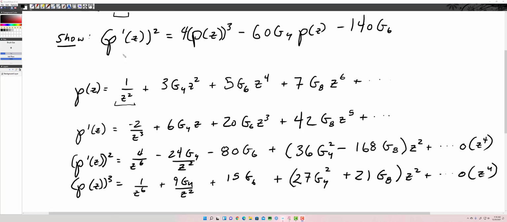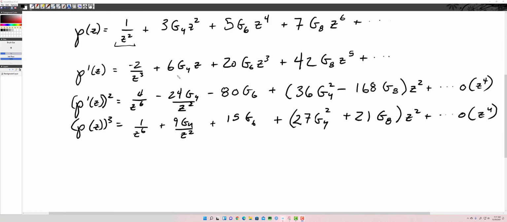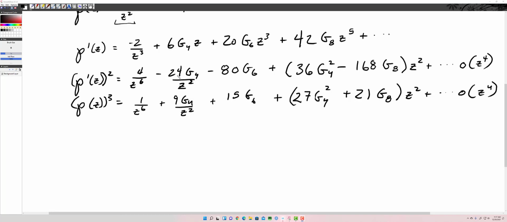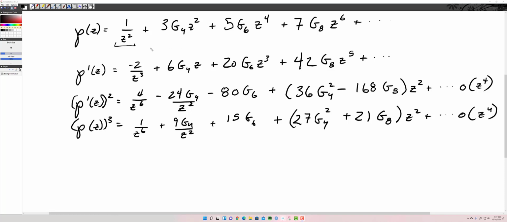Okay, so again, this is what we're aiming for, this differential equation right here. I've gone ahead and expanded some of these things so that hopefully our algebra is pretty neat. What we do is we start with p prime of z, and you can see that this is an odd function. Look at all the exponents of z here. I can't do much with that in terms of an even function.